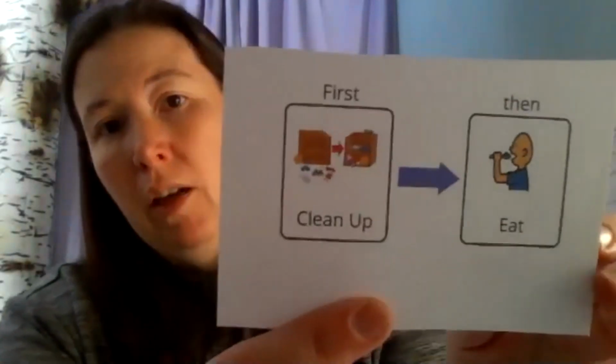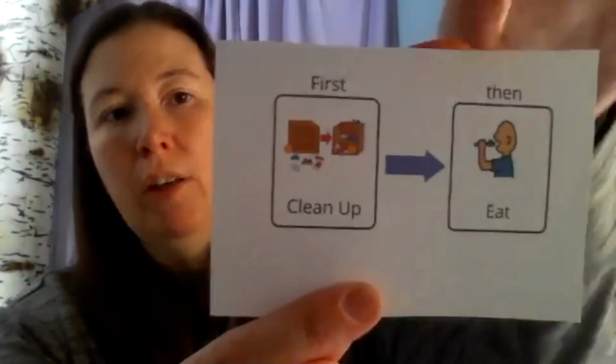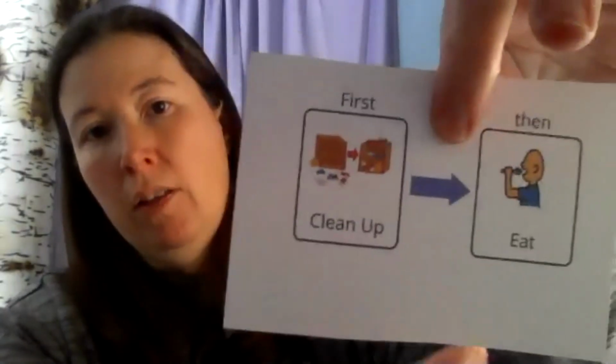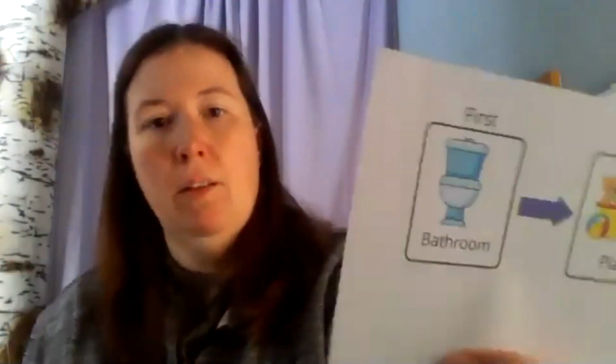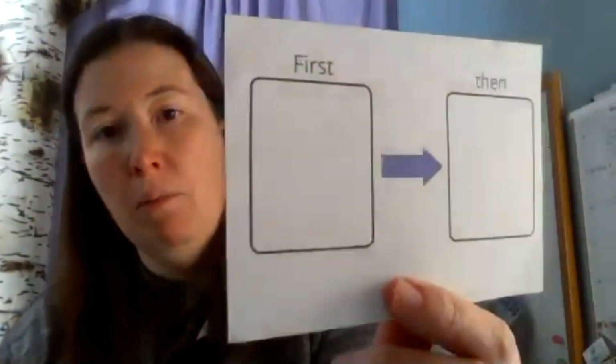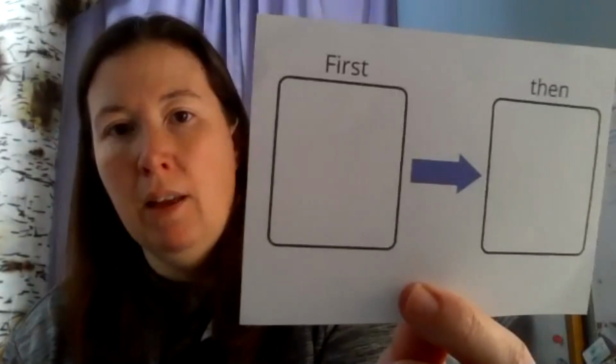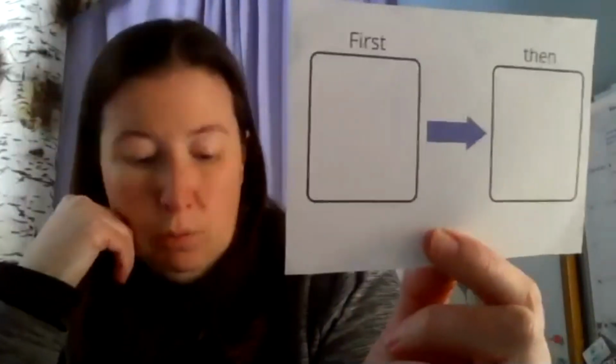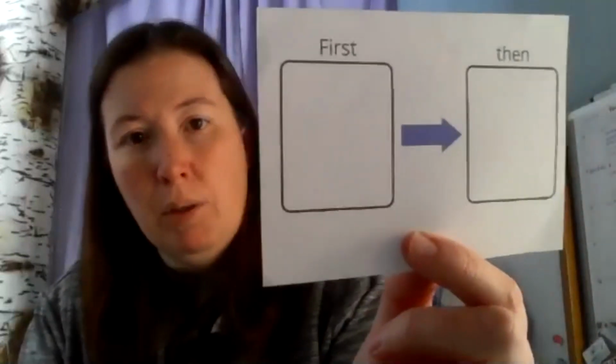So first clean up, then eat. Very basic. First bathroom, then play. It could be a blank one that is empty, laminated, and then you can change out these pictures. So it's whatever you need that person to do at that point in time.